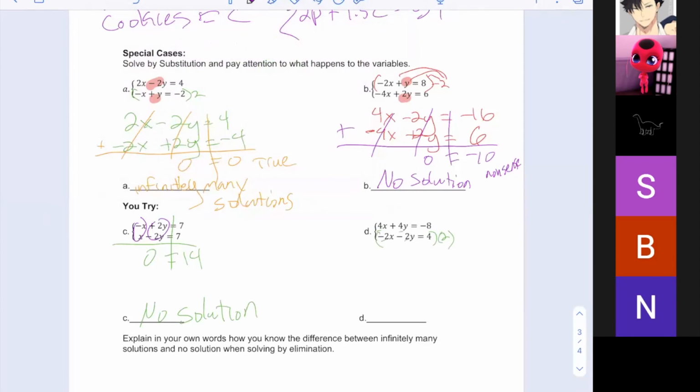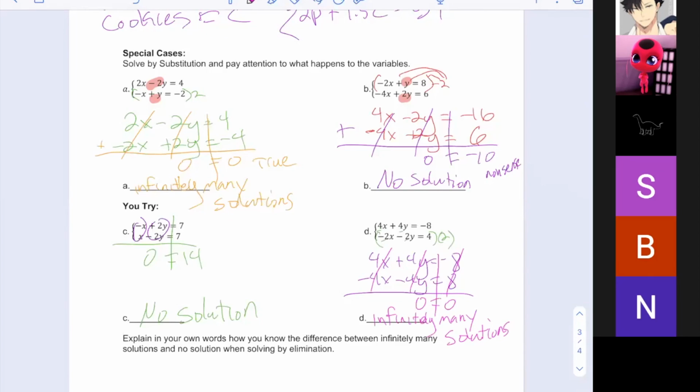Now my new equations are 4x plus 4y equals negative 8, and negative 4x minus 4y is equal to positive 8. Look what happens: these are opposites, these are opposites, and these are opposites. So 0 is equal to 0, which is true. This tells me it's infinitely many solutions.